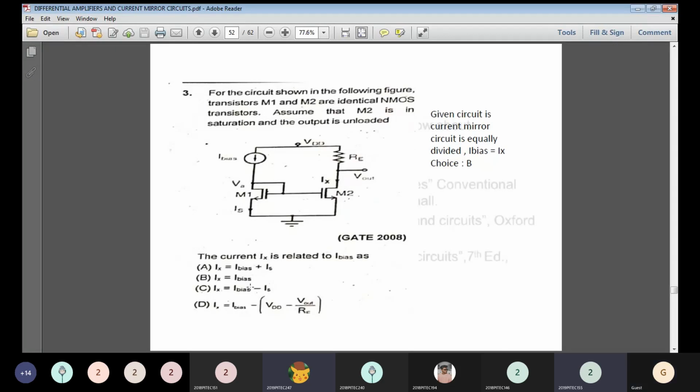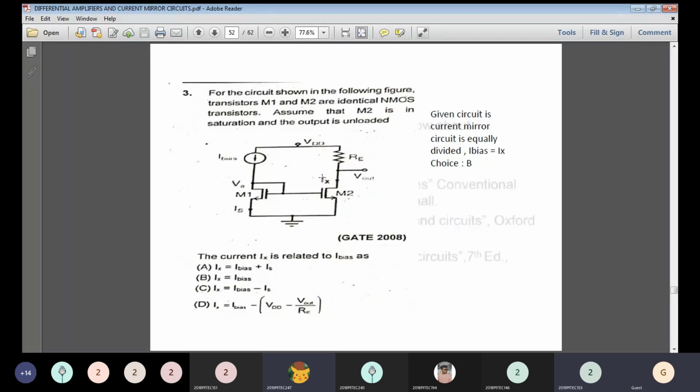Assume that M2 is saturated and the output is unloaded, and the output here is unloaded with your load resistance. In the given circuit, from the diagram, we can easily say that the Ix value is equal to I bias.